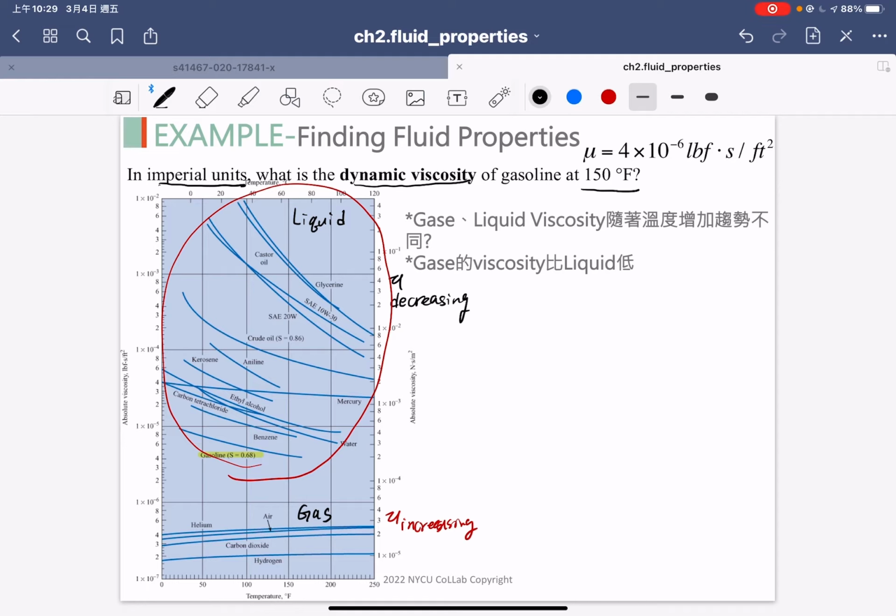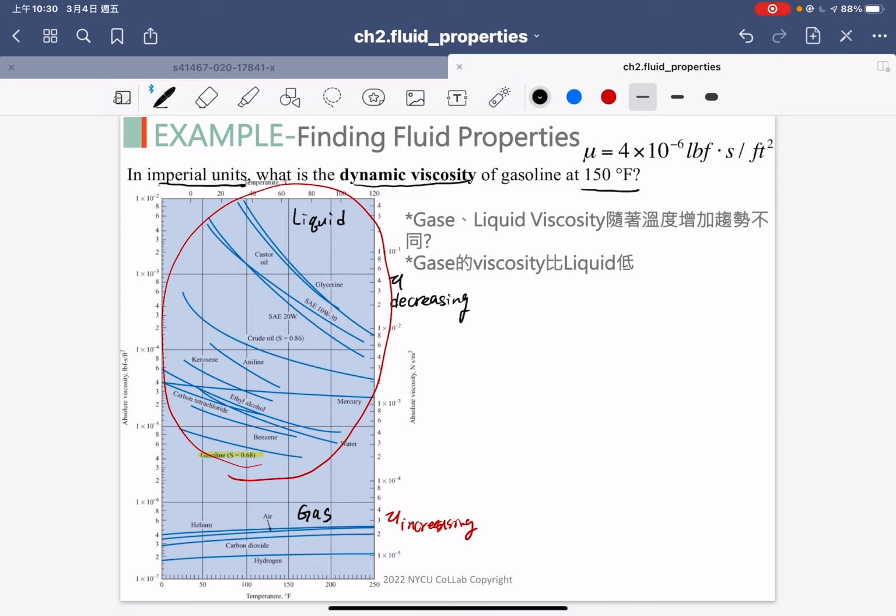So they are both fluids, but one is liquid and the other is gas. But the trend of viscosity related to temperature is different. For the liquid, the viscosity decreases when the temperature increases. But for the gas, the viscosity increases a little when the temperature increases.